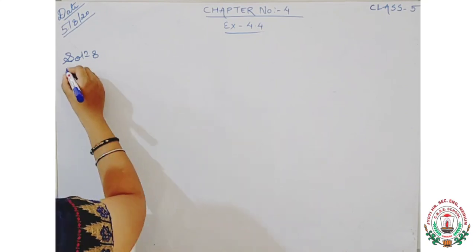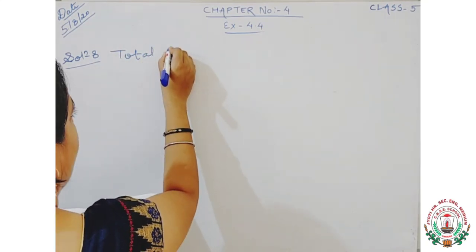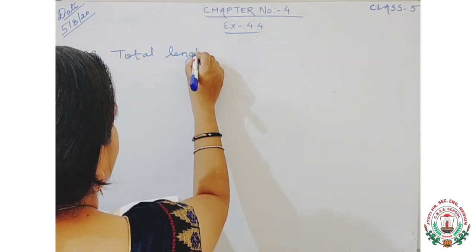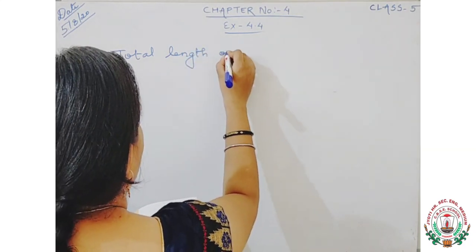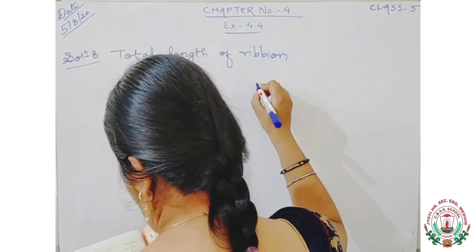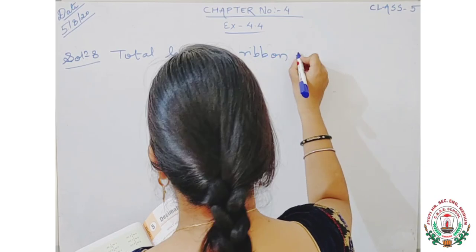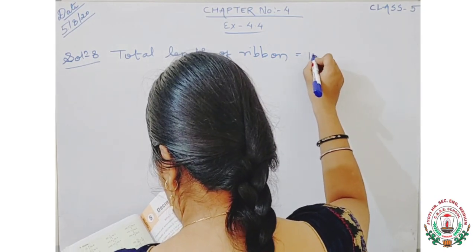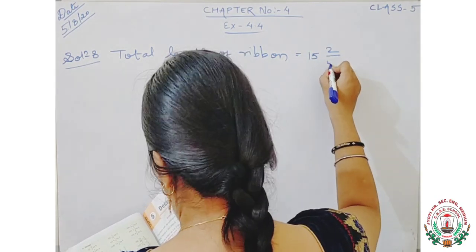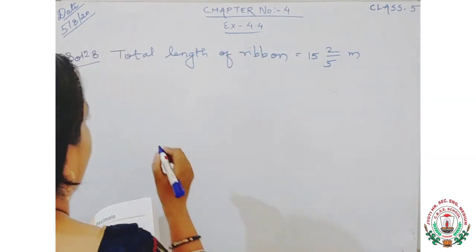So first we will write what is the total length of ribbon. Total length of ribbon is equal to 15 2 by 5 meter. Okay. So how many equal pieces she cut?